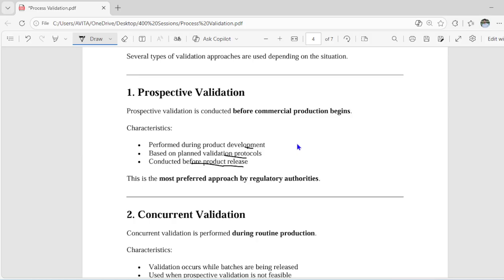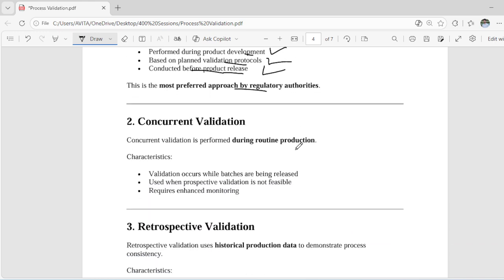This is the most preferred approach by the regulatory authority. So three things we have to remember: performed during product development, based on the planned validation protocol, and conducted before the product release.